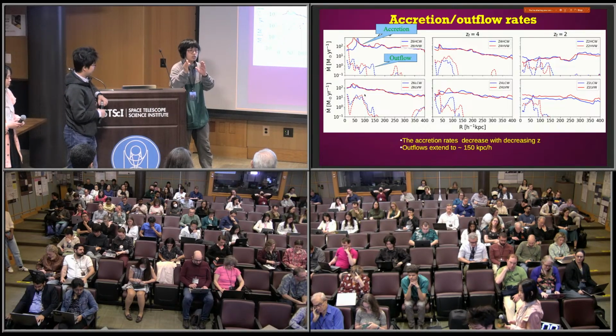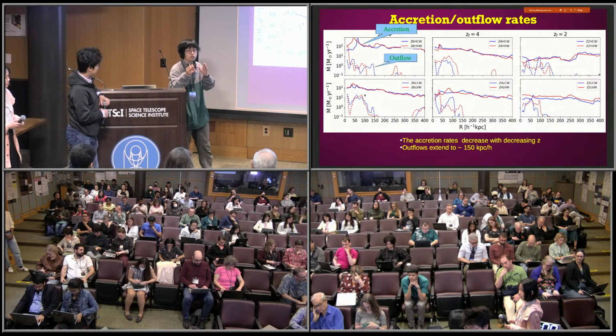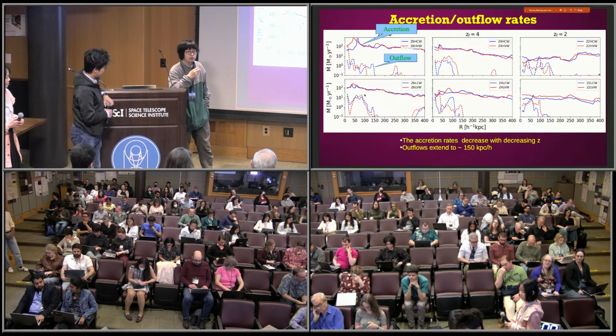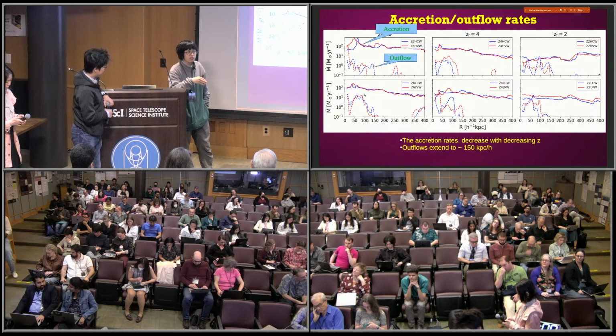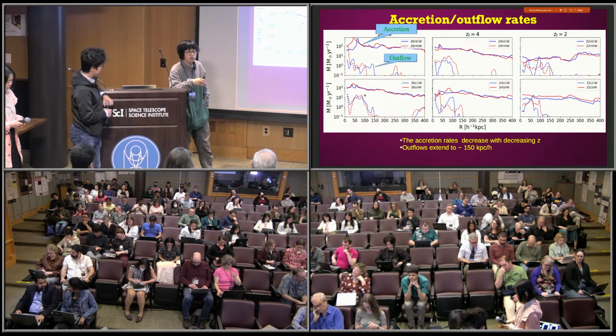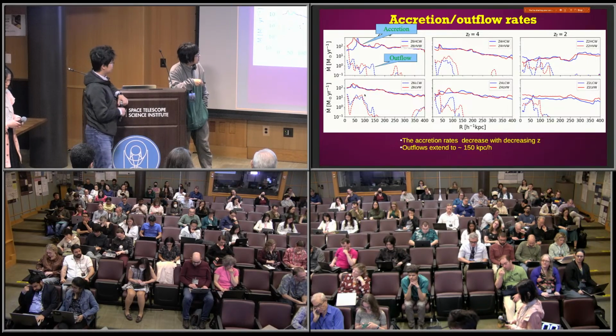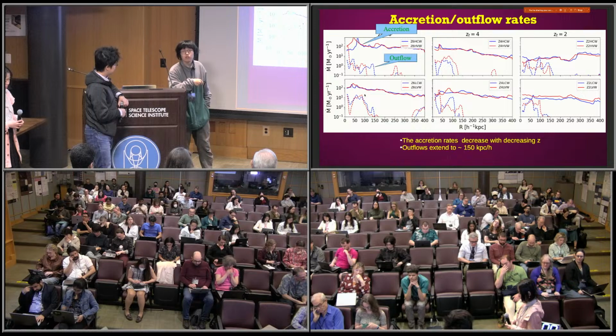And when you reach some criterion, you couple it with hydrodynamics again. So this is only one implementation of the wind feedback, and some other simulation may have a different implementation that may change the scaling. So I cannot guarantee that.